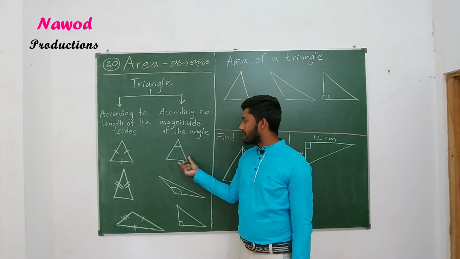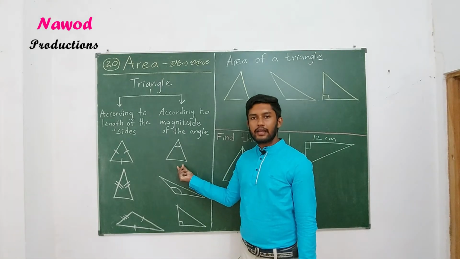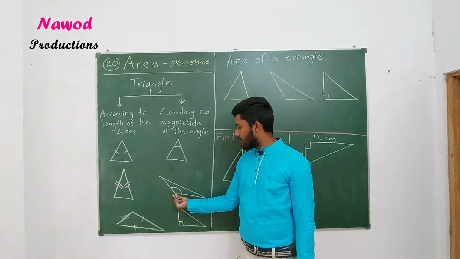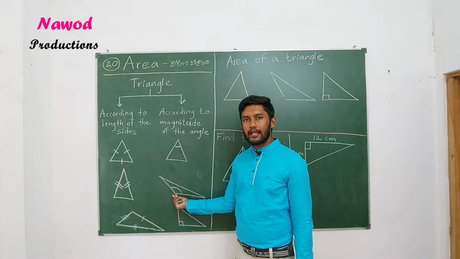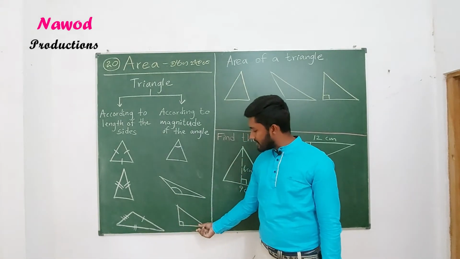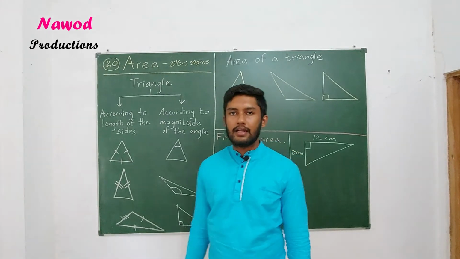If all the angles are acute, that is an acute angle triangle. If we can find an obtuse angle in a triangle, that is an obtuse angle triangle. If we can find a right angle, it is a right angle triangle.